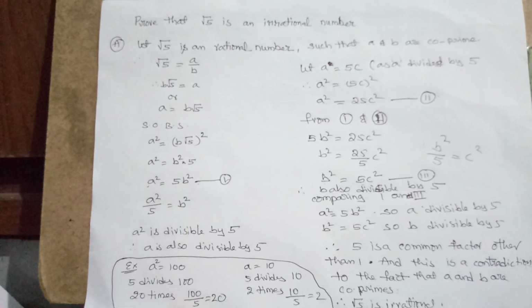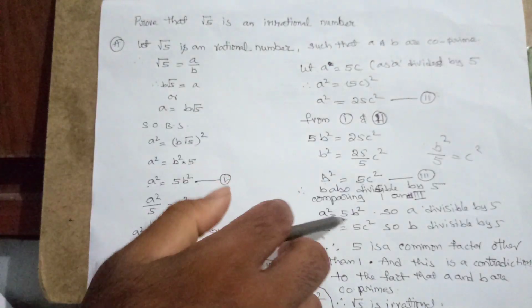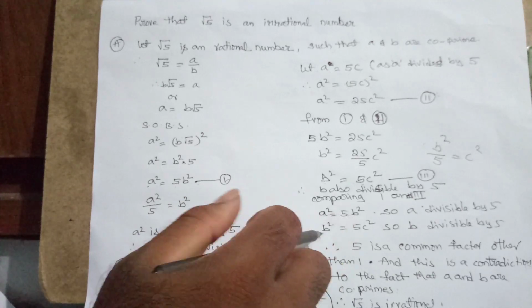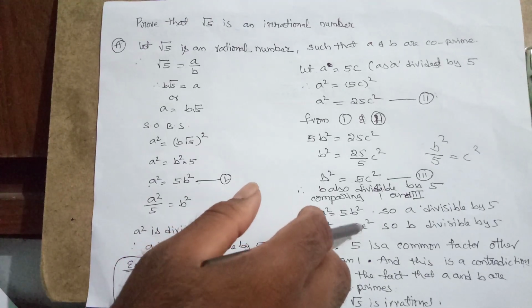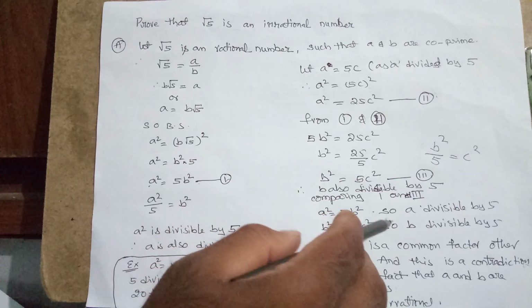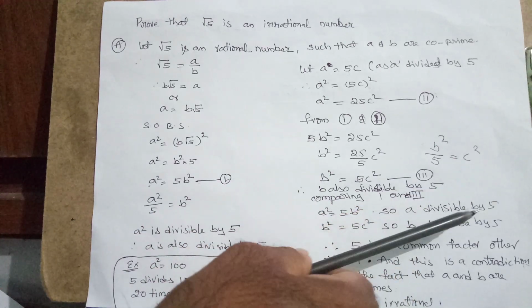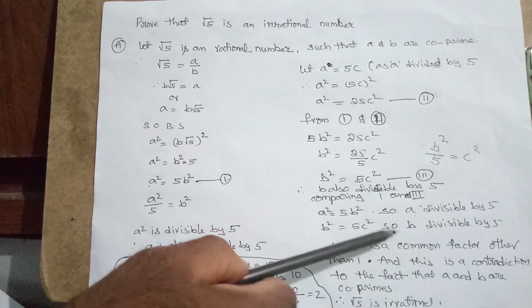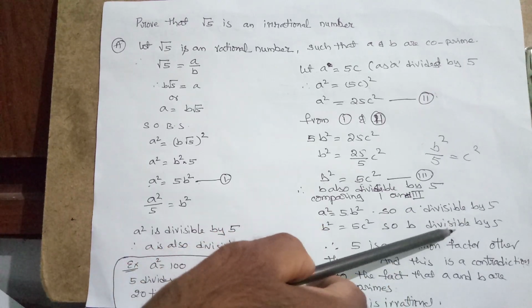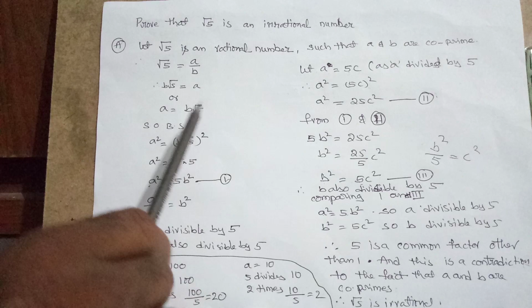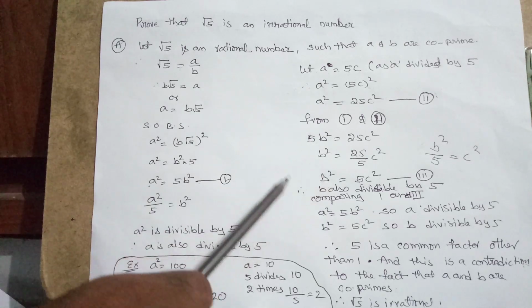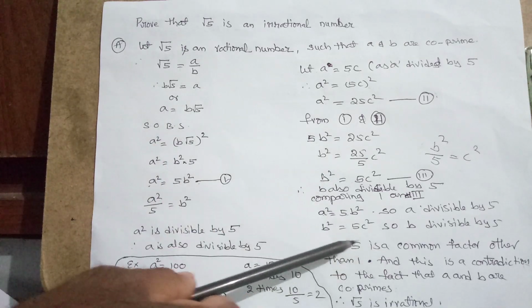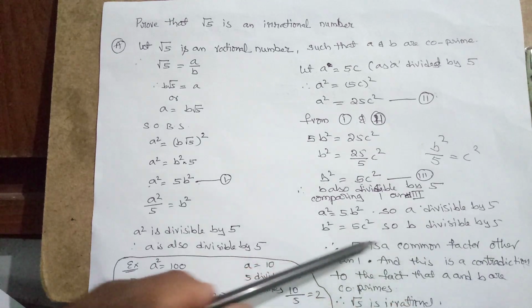Here we got 5c square, so a is divisible by 5. Therefore, b is also divisible by 5. Therefore, 5 divides a and b. That is, 5 is a common factor other than 1.